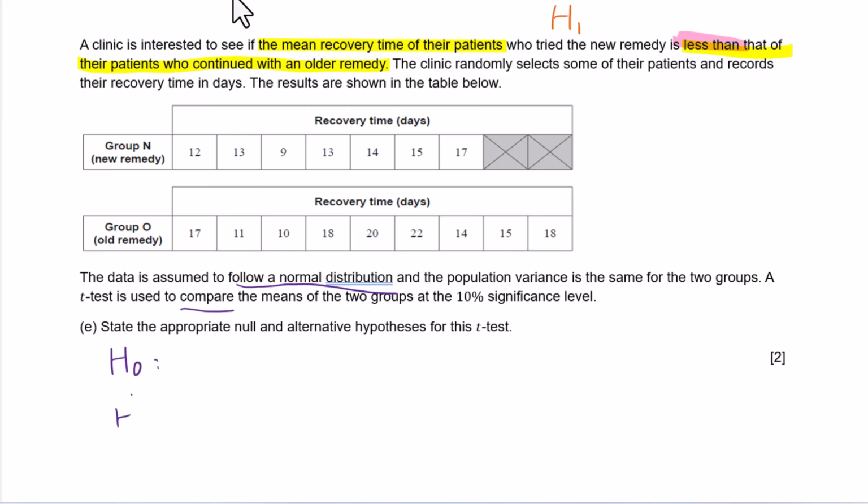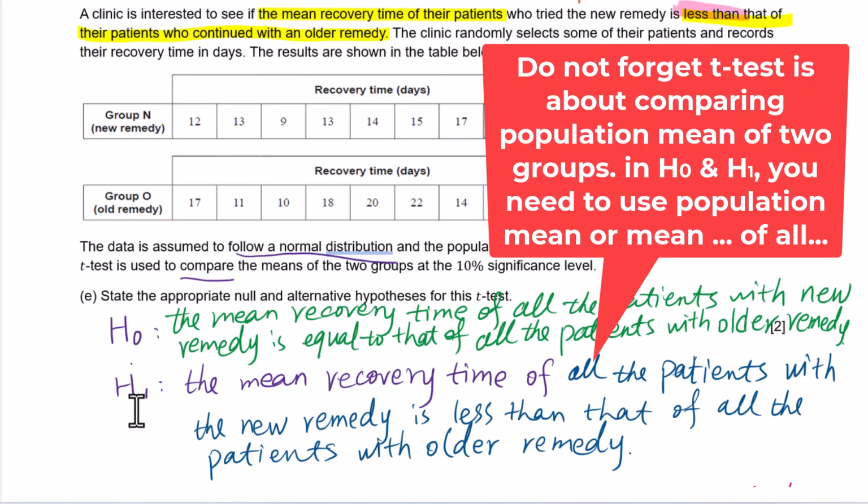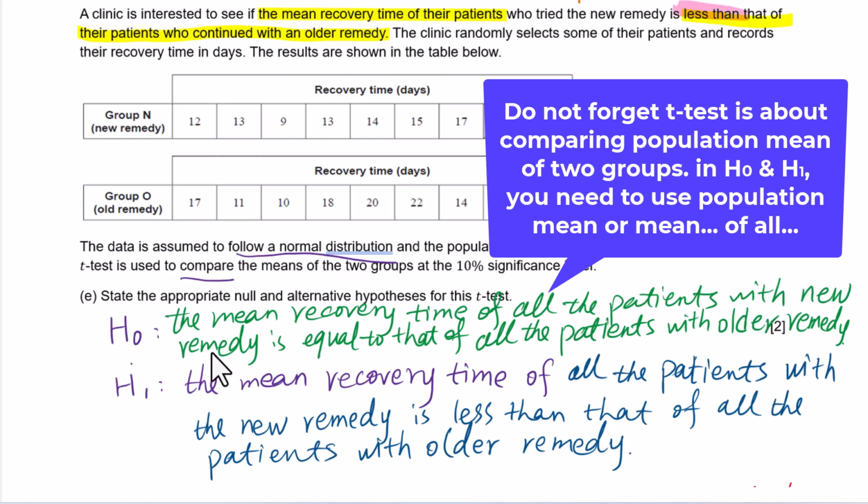Therefore, we will write down H1 first. H1: the mean recovery time of all the patients with the new remedy is less than that of all the patients with the older remedy. H0: the mean recovery time of all the patients with the new remedy is equal to that of all the patients with the older remedy.